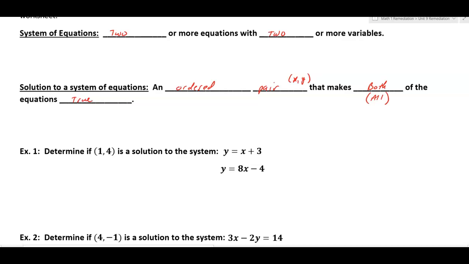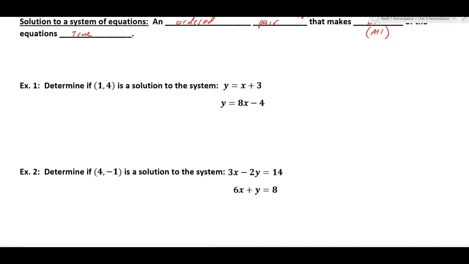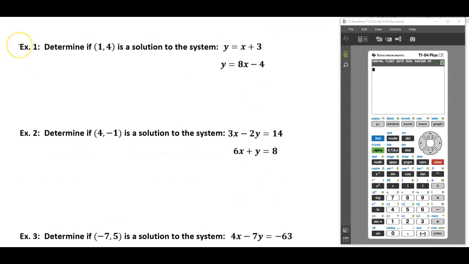So it's important to know that you have two or more equations with two or more variables. And the solution to this system is going to be the ordered pair x, y that makes both or all of the equations true.